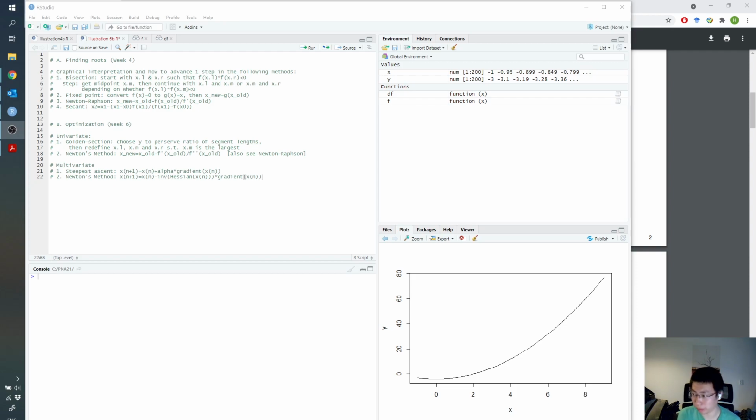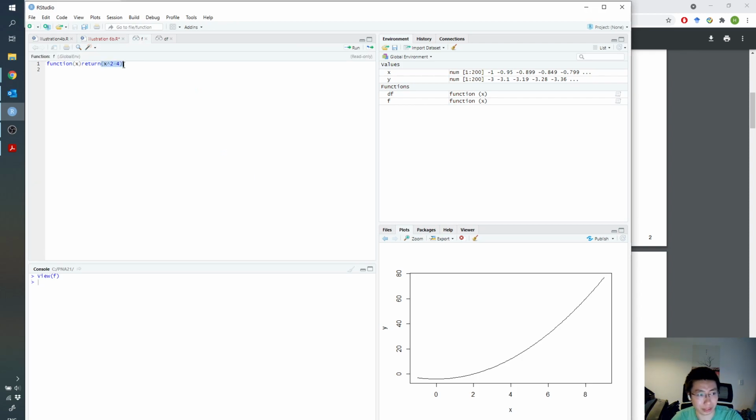Okay, so now that we have this intuition, I also want to show graphically basically what is happening if you did this in R, in case you want to see it here. So I've plotted the function f, and we can see that the function f is simply x squared minus 4 here.